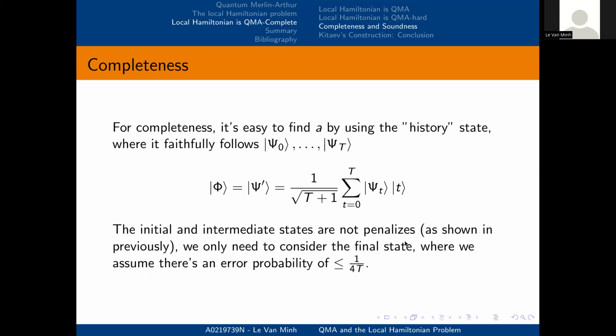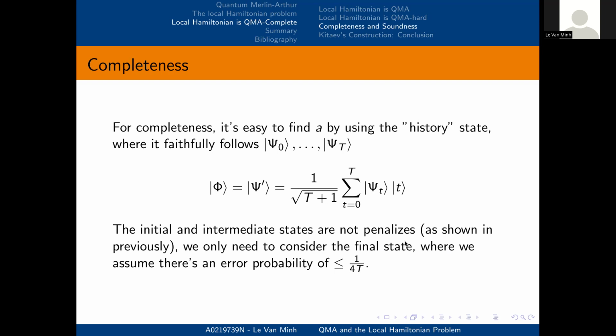The state phi that we want to see is the history state of psi, where psi is exactly the sequence of states psi 0, psi 1, psi 2 being applied exactly, with the clock qubit tensored on its right-hand side, of course.